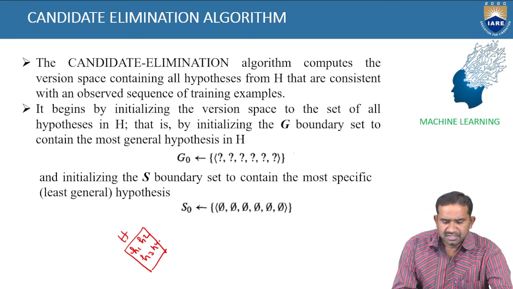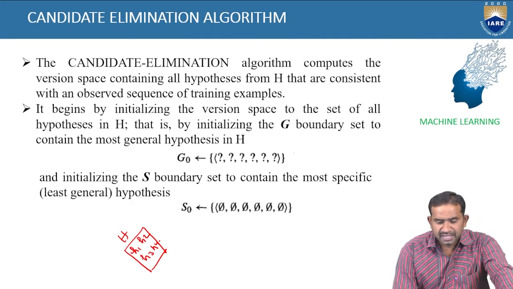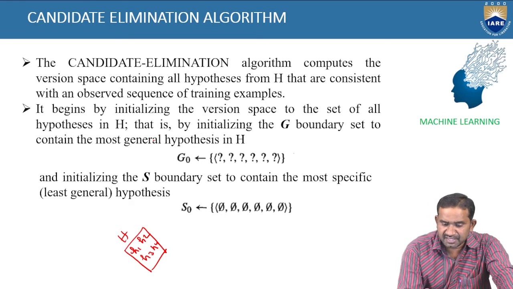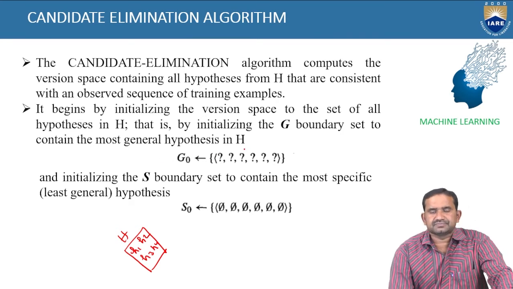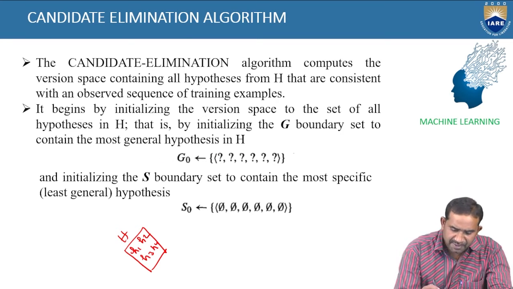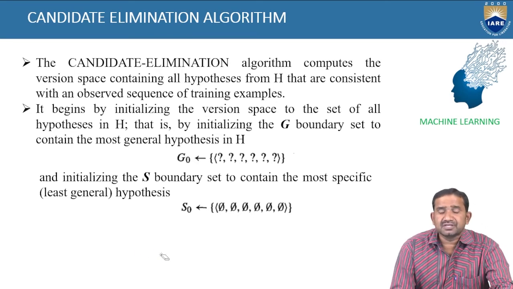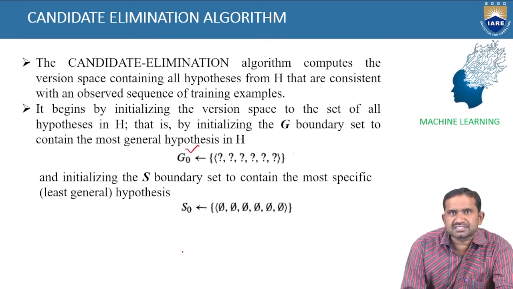It begins by initialization of the version space as the set of all hypotheses H. Then it initializes the G boundary, the general boundary, to contain the most general hypothesis in H. We can assign the general hypothesis, that is G0, which implies generalization.